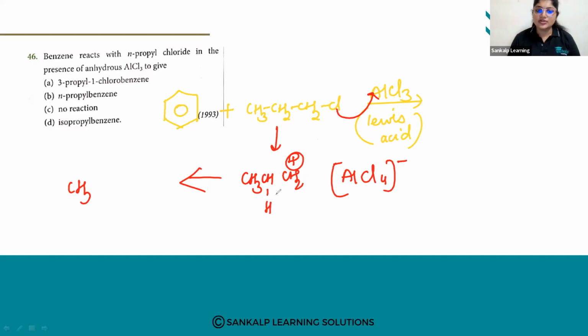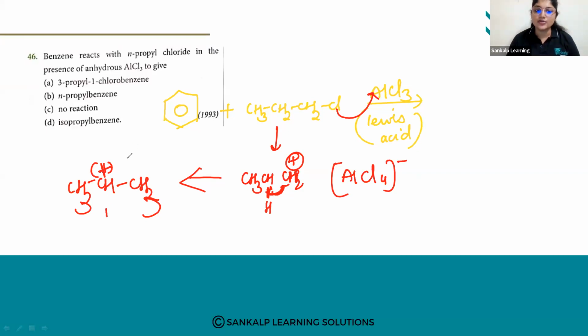So this shift will occur and it will form CH3CH+CH3. This is a primary carbocation, but if a hydrogen shift occurs, it will become a secondary carbocation. As compared to primary, secondary will be more stable, so there will be a hydrogen shift and this forms a secondary carbocation.